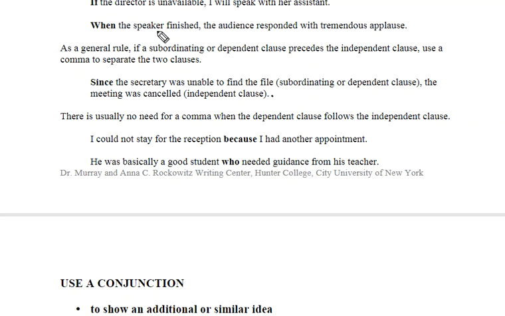If I take alone the first clause, the clause before the comma, let's take this one: when the speaker finished. Okay, and consider it as a sentence. Would you be able, as a reader or receiver, to understand what's going on when the speaker finished? We understand that at some point someone finished speaking, but we don't know what happened afterwards. That's all we know.